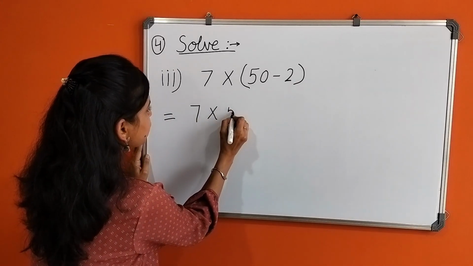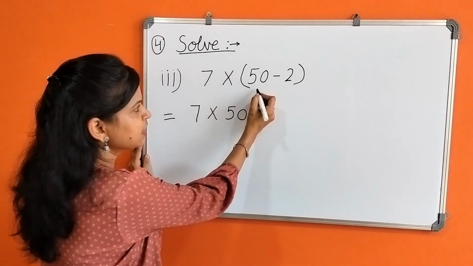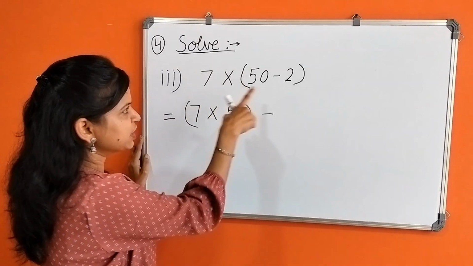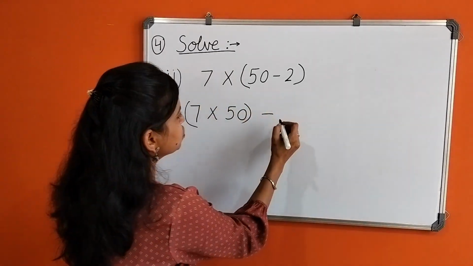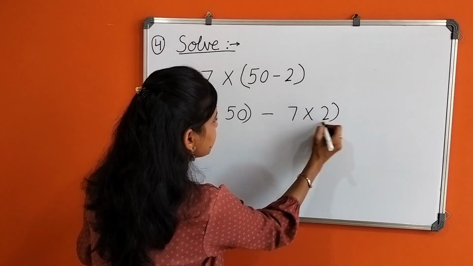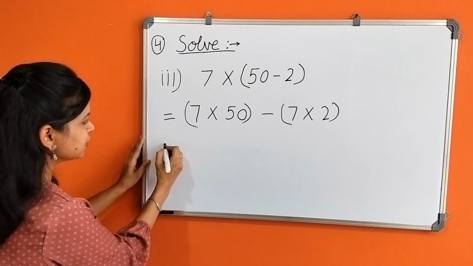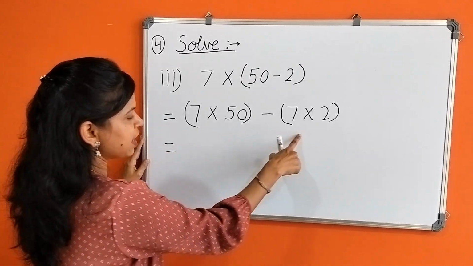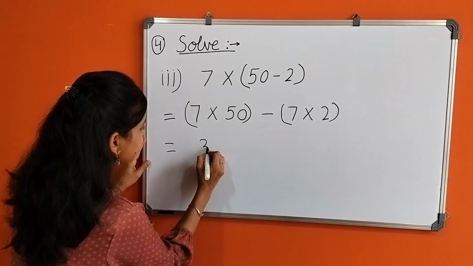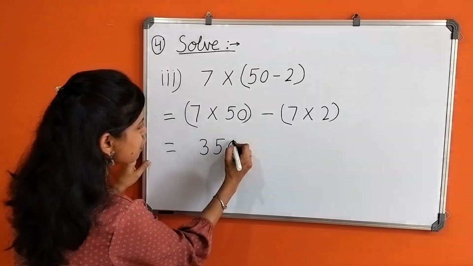7 into 50. 7 is multiplied with 50. Then negative sign. 7 is multiplied with this 2 also. 7 into 2. This negative sign is here. Okay. Now solve this and this also. 7 into 50. 7 5s are 35 and 0.